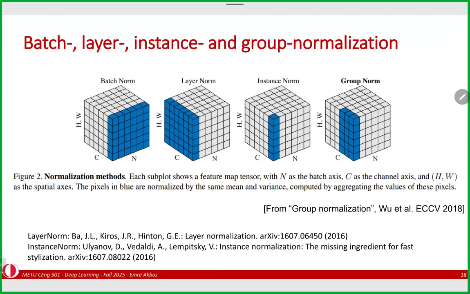Okay, but batch norm is very useful when you have a large batch size. If you have to use a small batch size, then there are other normalization methods which are better.